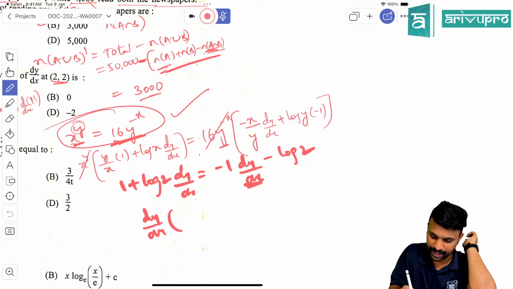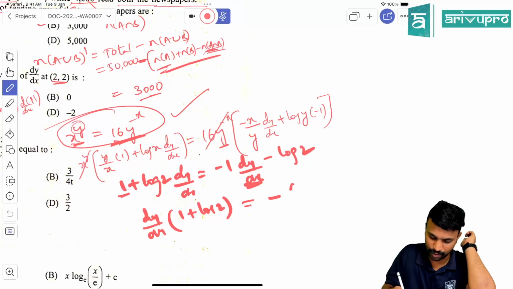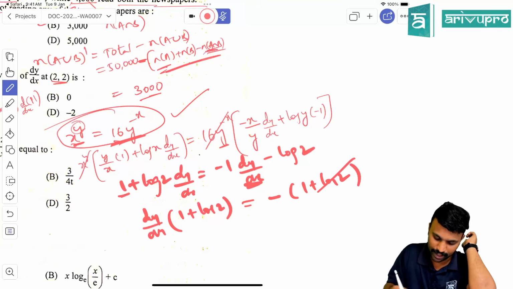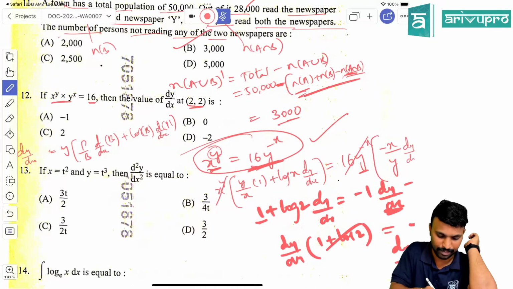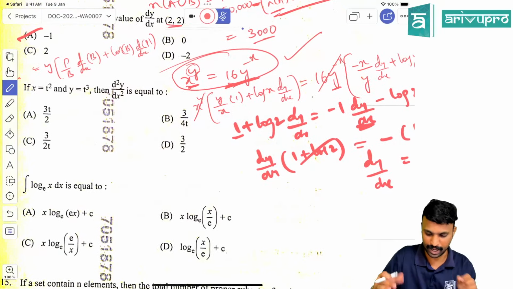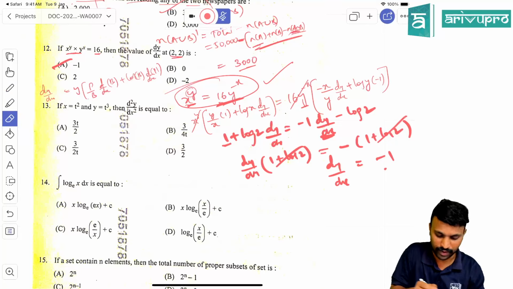If I take this minus dy by dx, it becomes plus 1 and plus log 2. If I take this plus 1 there, it becomes minus log 2 minus 1. You can take minus outside, so 1 plus log 2. Both the sides 1 plus log 2, 1 plus log 2 cancel. So dy by dx is minus 1. Option A is the right answer. Hope it is clear, guys. Moving on to the next question.